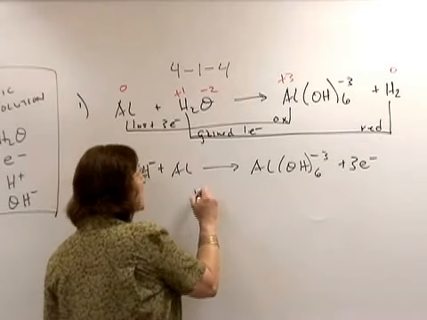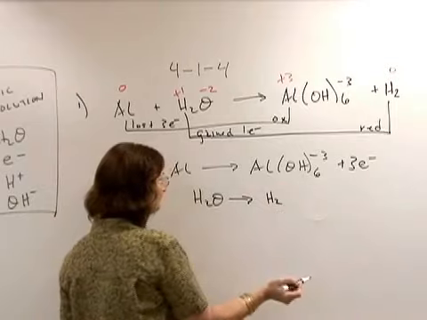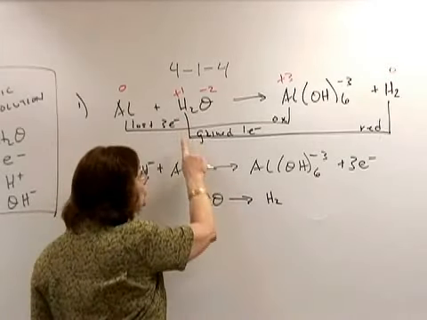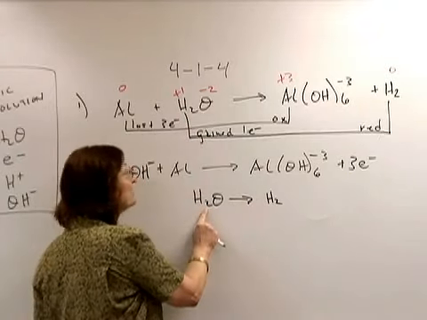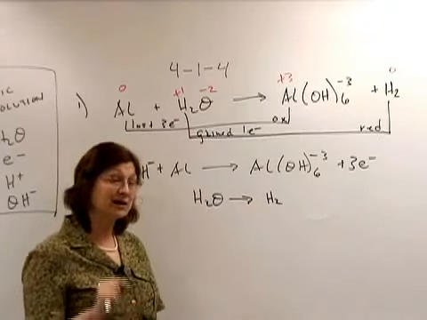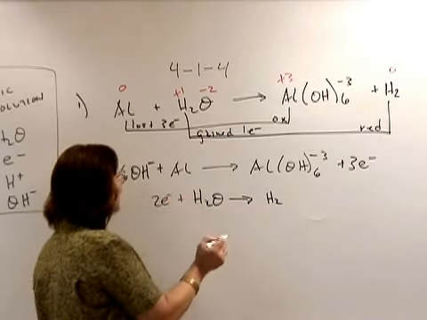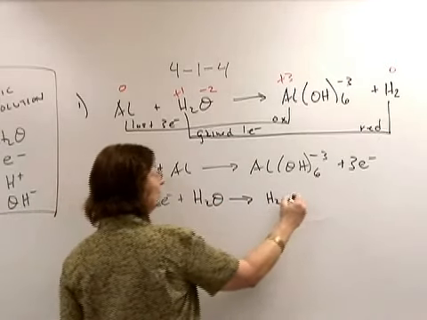Now, my second reaction, water, is changing to hydrogen. It's very important to notice that when we do these brackets, it's always for a single atom. And we have 2 atoms of hydrogen. Therefore, we have gained not just 1, but 2 electrons. Now, I need an oxygen, and therefore I'm going to add a water.